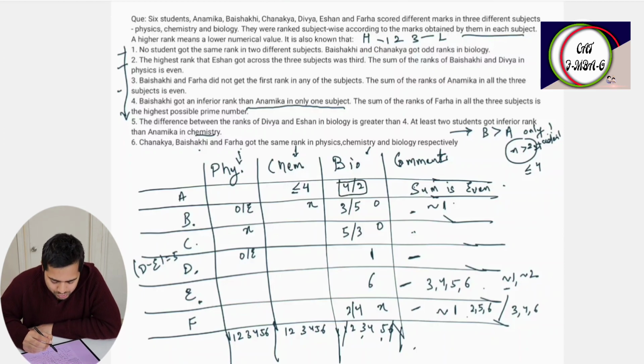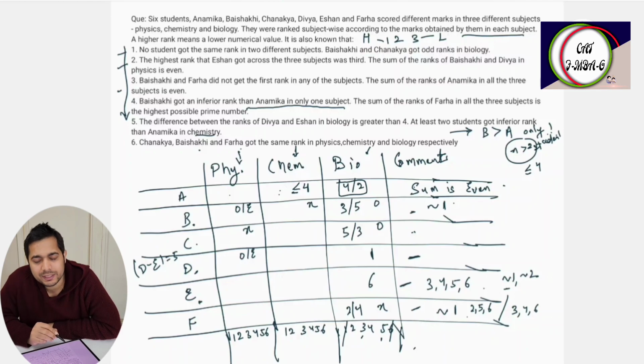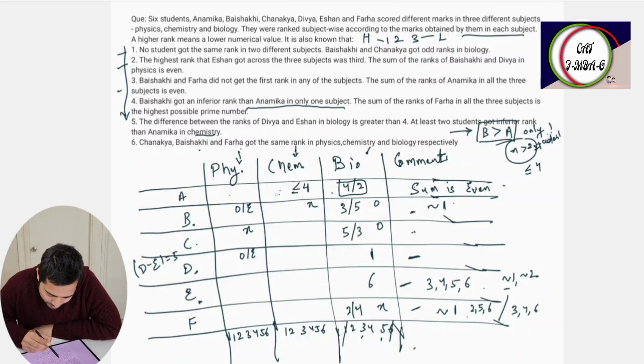So in these two columns at least one will be there, and in that particular one B will be greater than Anamika. In the other two subjects B is less than Anamika. Remember that trick: B is greater than A in only one subject. So definitely it cannot be here. Can it be here or here?